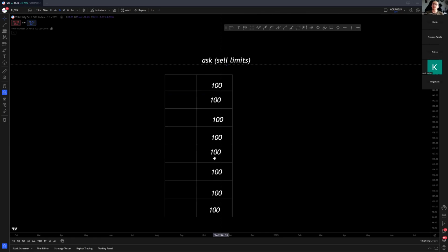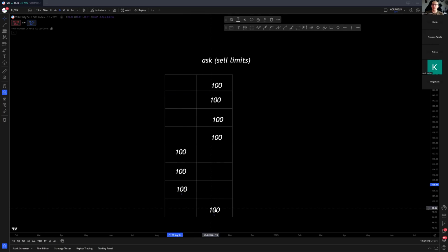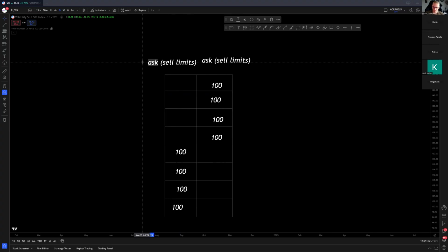This is our order book, okay? And how markets work, as you've probably started understanding, whether from my videos or from this course, this is the bid, and here we have buy limits. And how the auction unfolds is with both buy contracts and sell contracts.